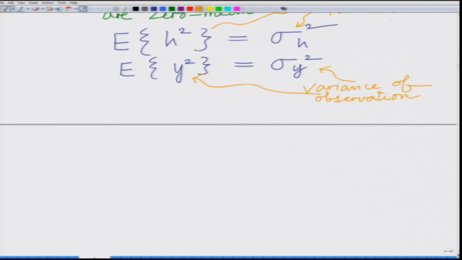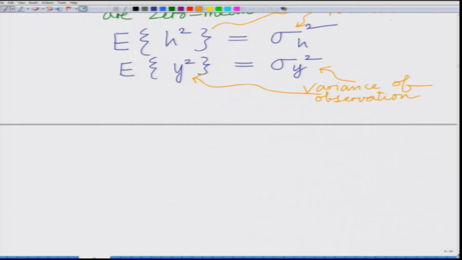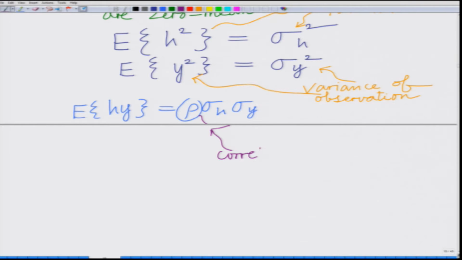Also we need the covariance, that is, the cross covariance, the expected value of h times y, which we will denote by rho sigma h into sigma y, where rho, as you might already be familiar, is the correlation coefficient of the parameter h and the observation.